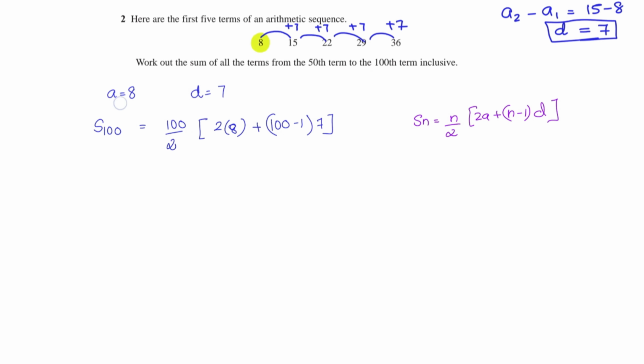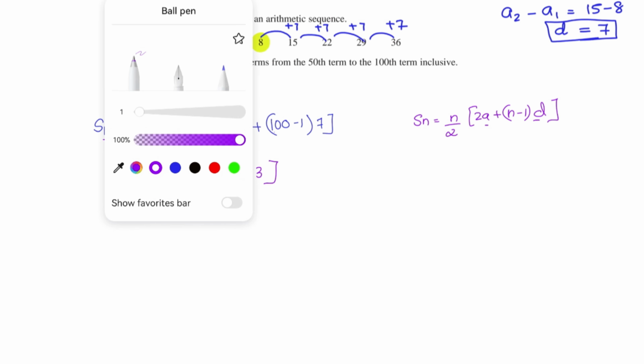I have just substituted the value for a as 8 and the value of d as 7, and n is 100. On calculating this, I'll get 16 plus 99 into 7, that is 693. I'll add this and multiply with 50, so I will get my final answer as 35,450.